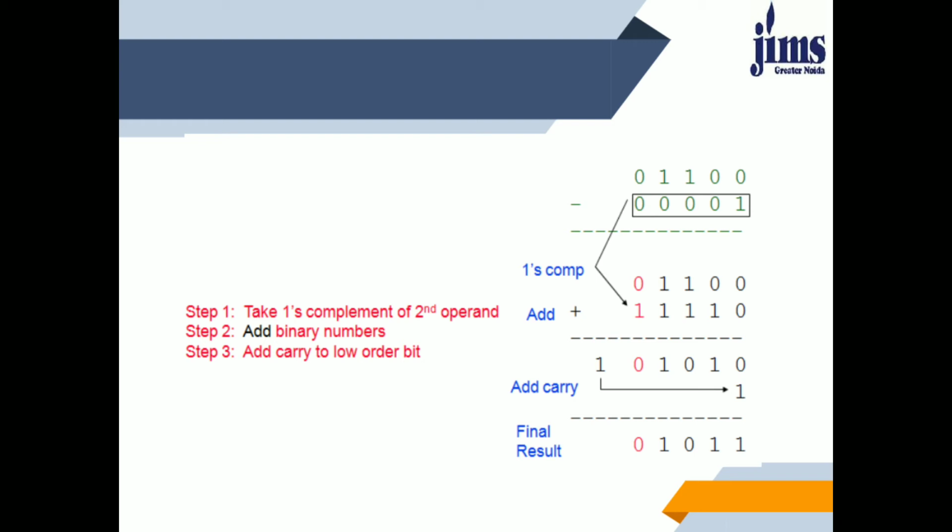Now I have written it like this. Now we need to change the sign of this subtrahend, which means 1 needs to be converted into minus 1. So we need to take the complement of 1. To take the complement, we just replace 0 with 1 and 1 with 0. So 0001 is written as 1110.